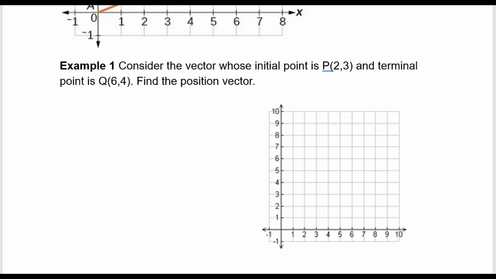Okay, so with that, consider the vector whose initial point is (2, 3) and terminal point is (6, 4). So (2, 3) and then (6, 4). So there's our PQ.